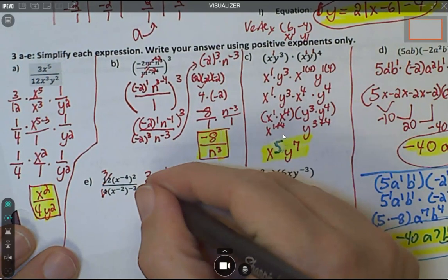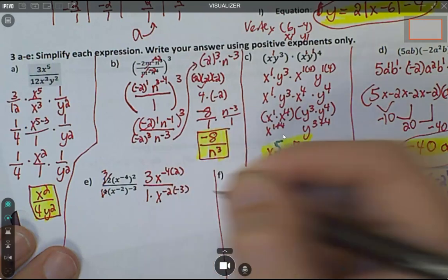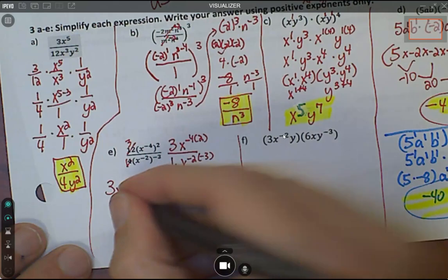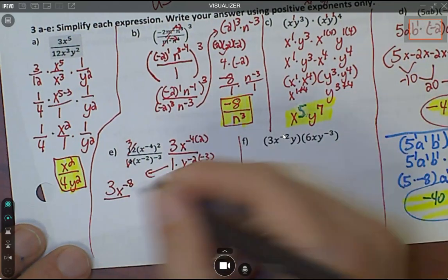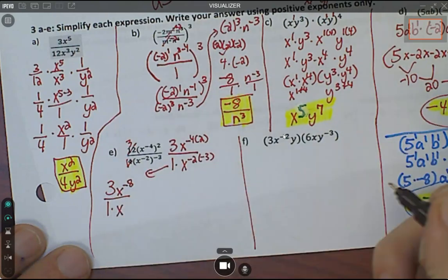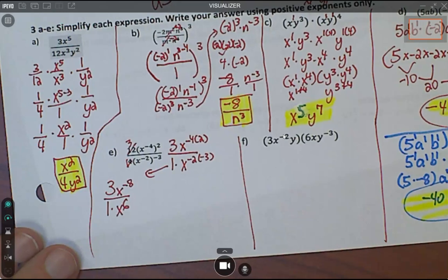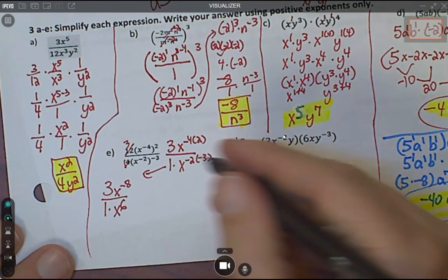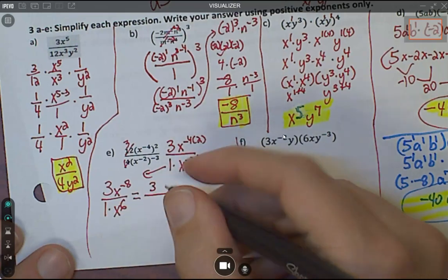Okay, down here I've got 1 times... okay, if I only have this much space, I'm going to show you the easy way. 3 stays where it is.